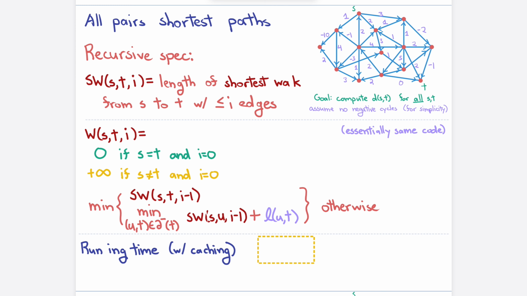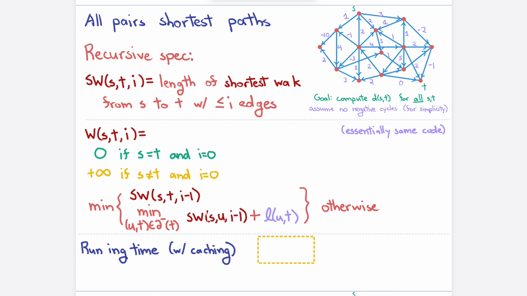All right, so how many subproblems do we have? Something like n choices of S, n choices of T, n choices of I. But if I fix S and sum over all the T, then we should be looping through all the edges once. Remember last time we were able to collapse that by summing up the in-degrees?